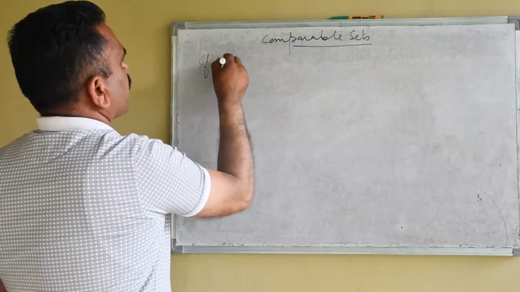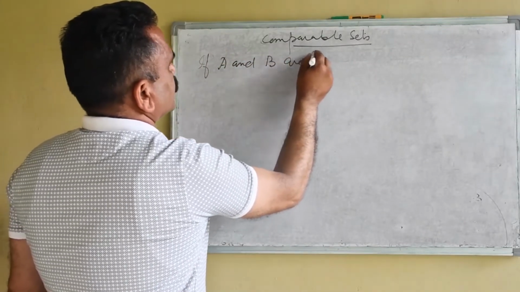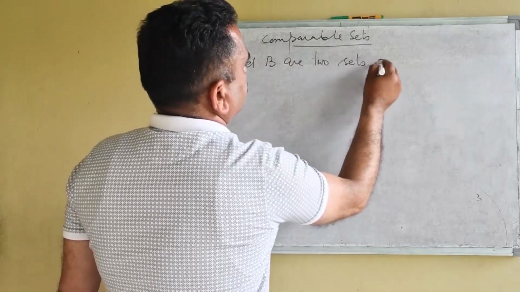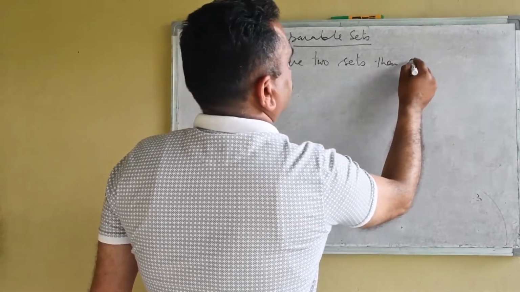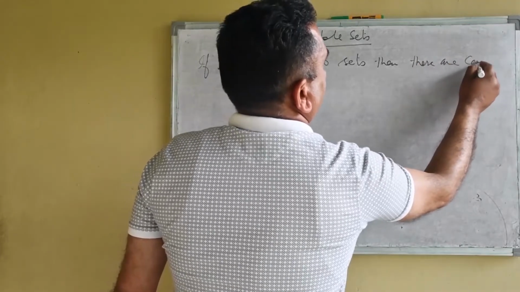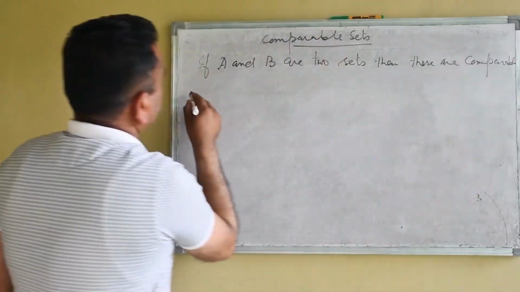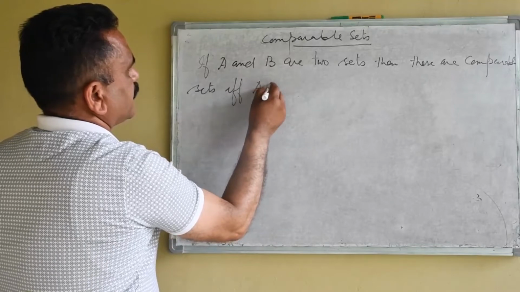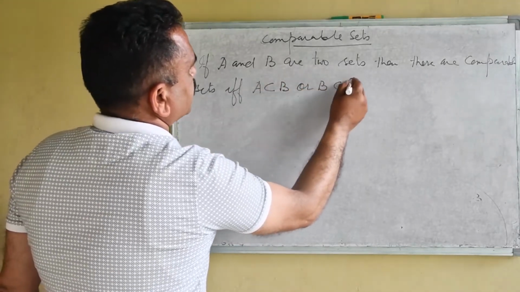If A and B are two sets, then these are comparable sets if and only if A is a subset of B or B is a subset of A.